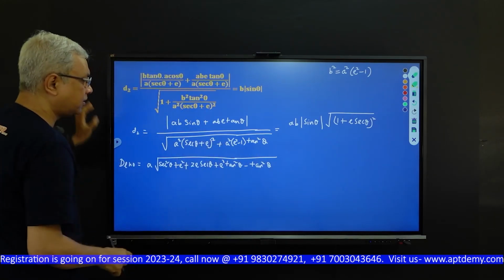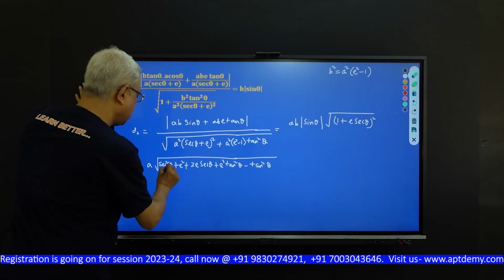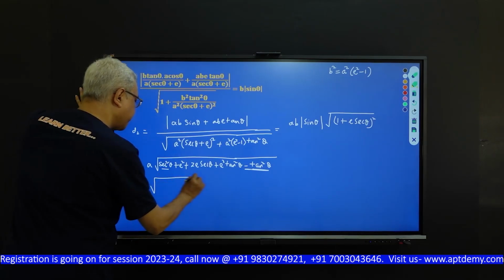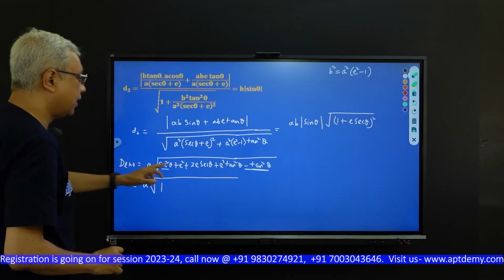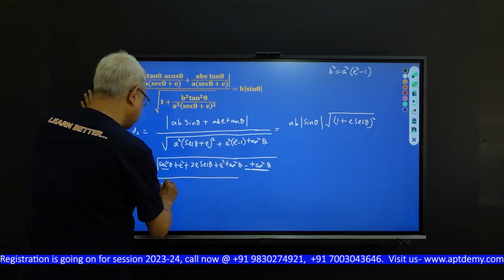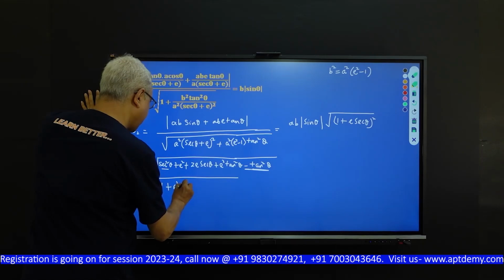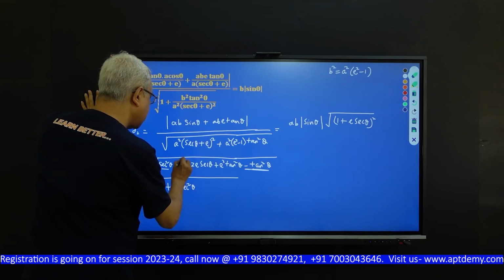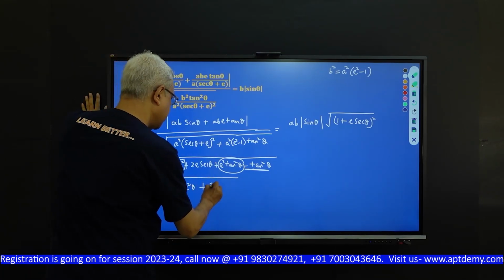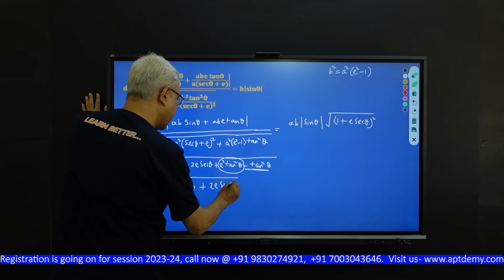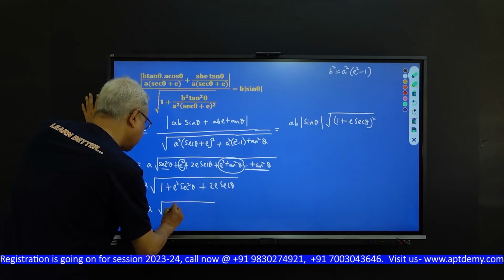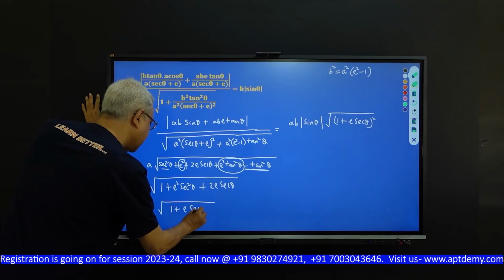So sec square theta minus tan square theta is unity. So these two terms contribute unity. So it is a 1, and here e square times 1 plus tan square theta is e square sec square theta, this term and this term, and finally 2e sec theta. So it is how much? A square root of 1 plus e sec theta whole square.